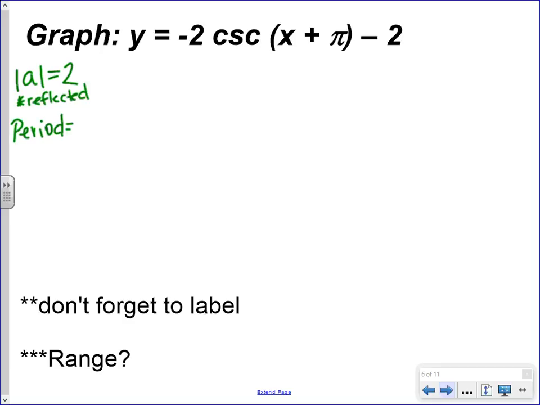Okay. The period would then be what, Will? Okay, 2π. Our B is 1, so we have 2π divided by 1.